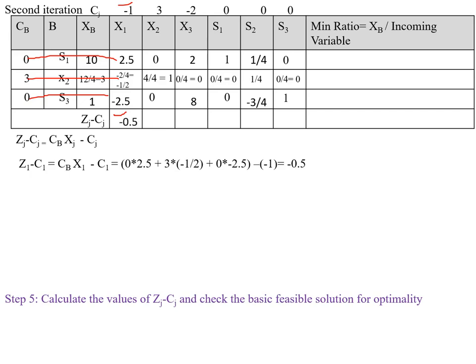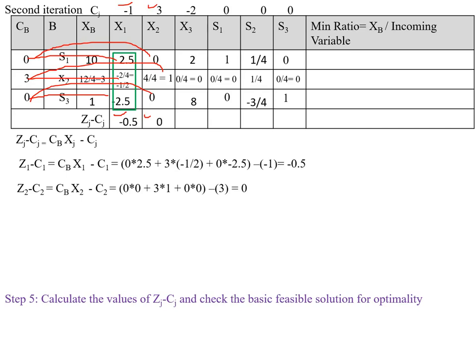So similarly next we have to calculate the Z2 minus C2. So that is 0 into 0 plus 3 into 1 plus 0 into 0 minus of C2, that is the -3. So value we will get the 0. So enter the 0 value here.